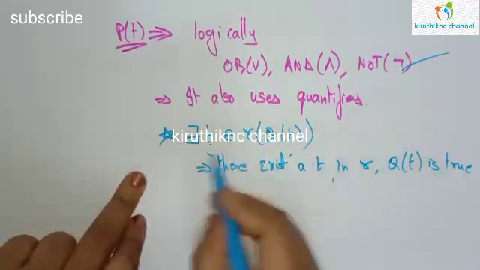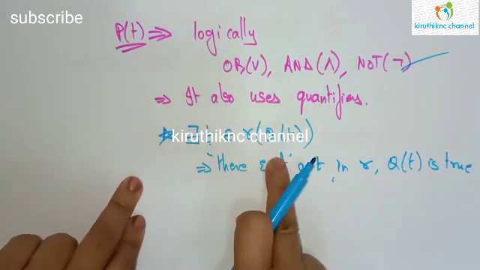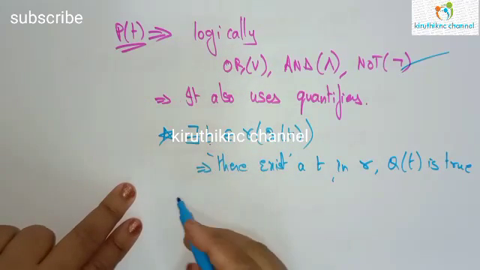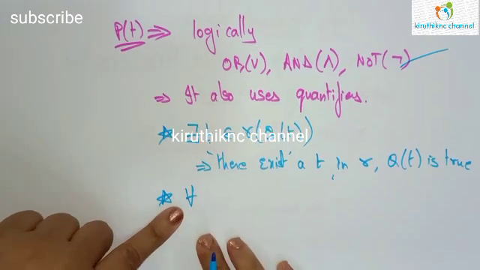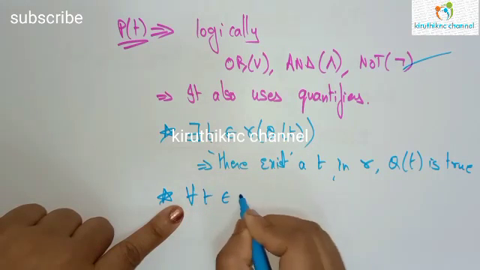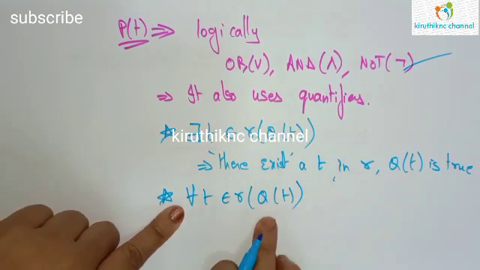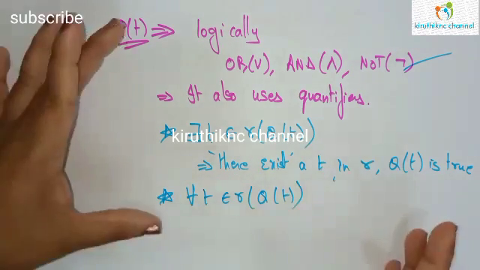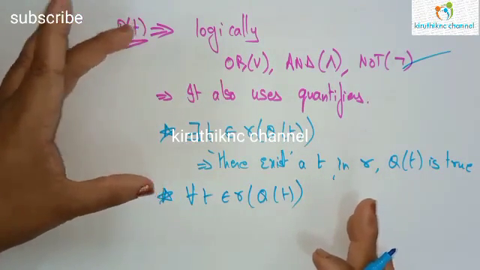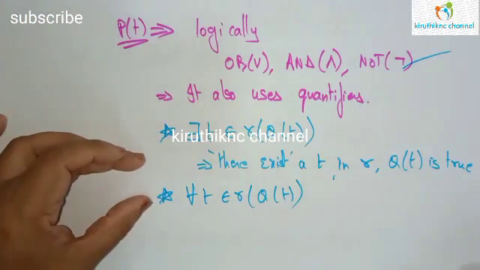So you can represent the condition in this format by using the existential quantifier, or you can also use the for all quantifier: for all T belongs to R, Q(T). So here Q(T) is true for all tuples in the relation. So whatever the condition P(T), you can represent it using logical operators and also the quantifiers.